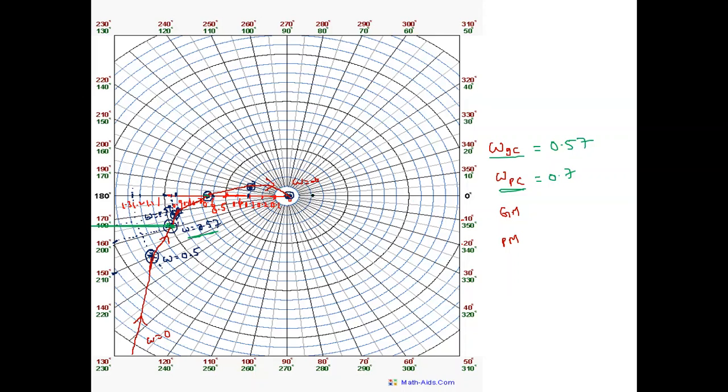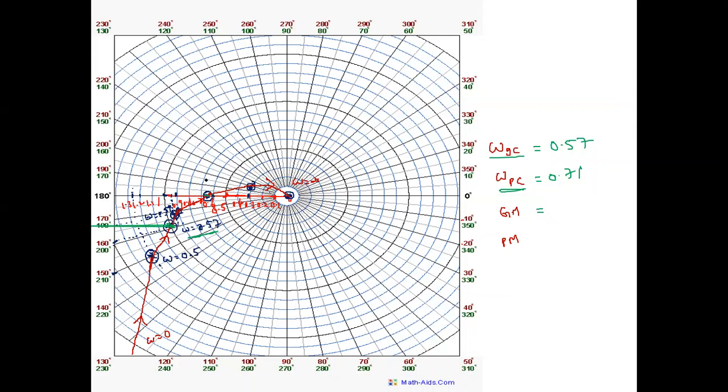See, 0.71, sir, at 180 degrees, and the magnitude is 0.661. The omega value is 0.71. Then the gain margin.